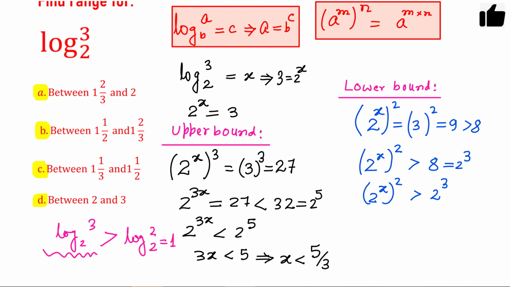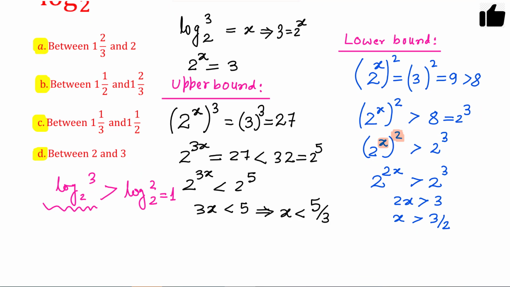If you multiply the powers, we have 2 raised to the power 2x is greater than 2 raised to the power 3. This means 2x is greater than 3 because x is a positive number and the bases are the same. So x is greater than 3 by 2.